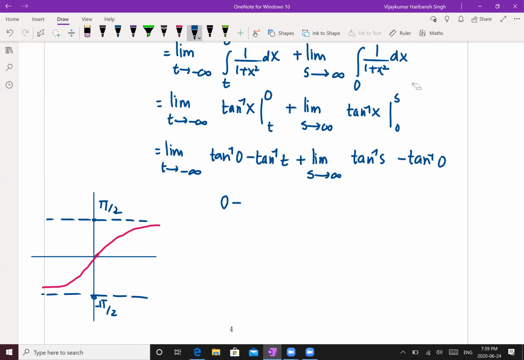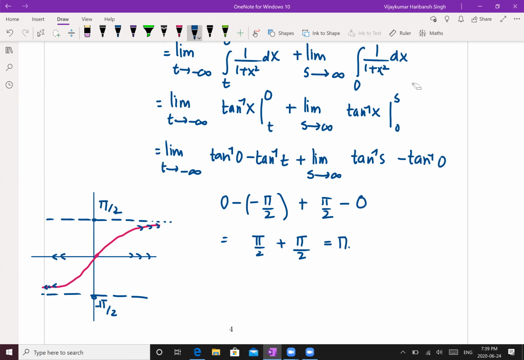As you can see, as t goes to minus infinity, tan inverse is going to minus pi by 2. So minus pi by 2, plus, as s goes to infinity, your tan inverse is going to pi by 2, minus 0. So we get the total: pi by 2 plus pi by 2, which is pi.